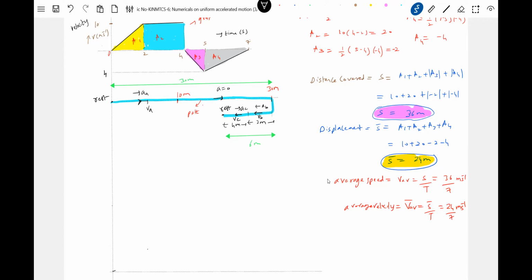Plotting graphs without any skills is a little bit difficult. 2 seconds. Yeah. Then what will it do? It will accelerate.